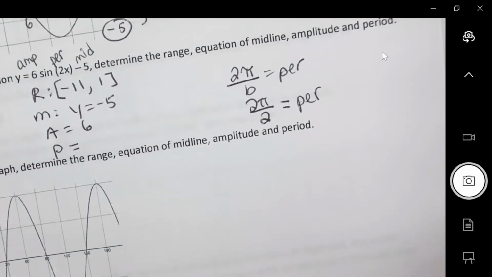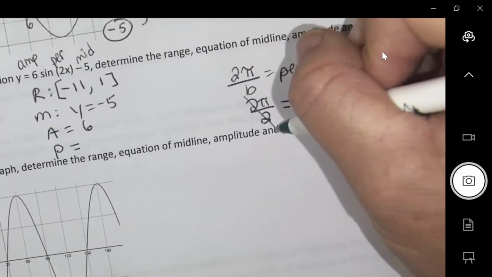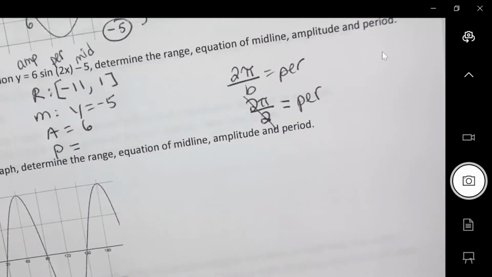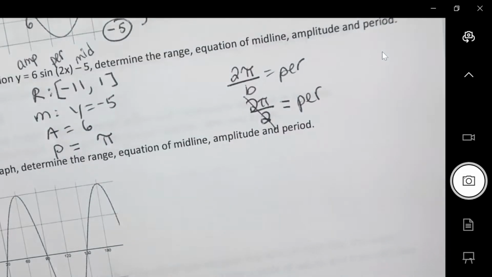So I have to divide it by the b number, so there was a 2 there. The 2 and the 2, they would cross off. So my period is now just pi. It only takes pi to go through a cycle instead of 2 pi. Or in degrees, it takes me 180 degrees instead of 360 degrees.